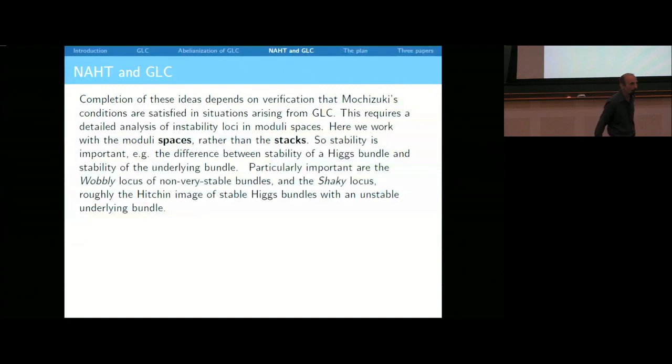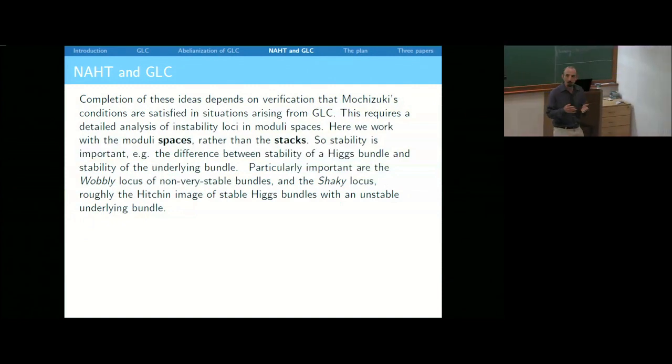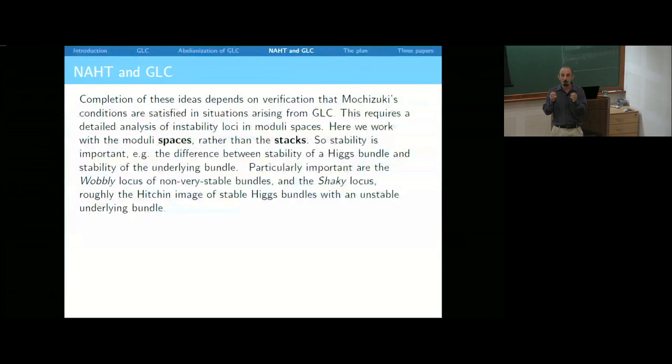The wobbly locus is, so I'll give the definition. There's a standard notion that goes back to that paper I mentioned last time by Laumon from 1987, of very stable. You say that a bundle is very stable if the only nilpotent Higgs field on it is the zero Higgs field.